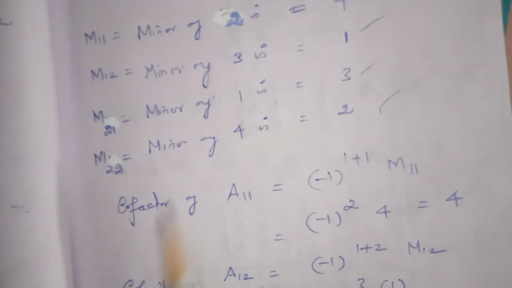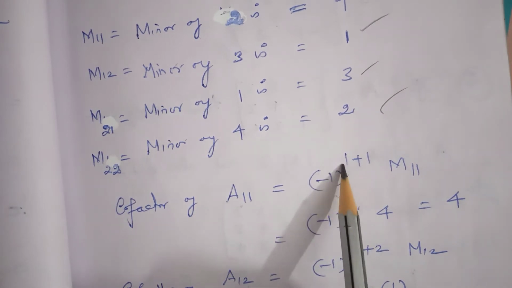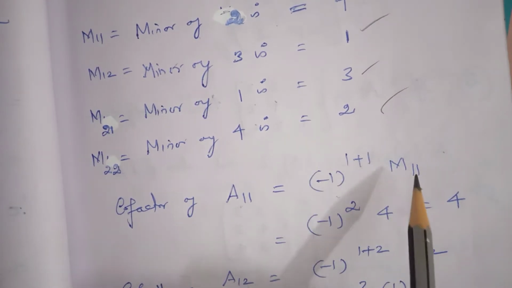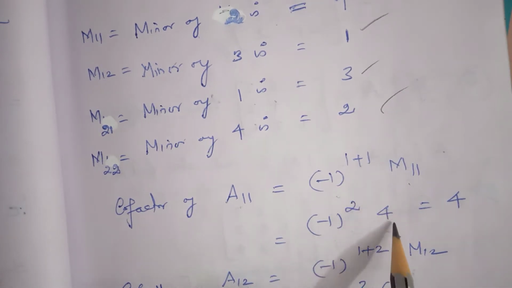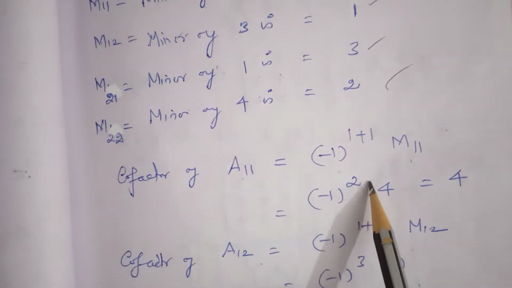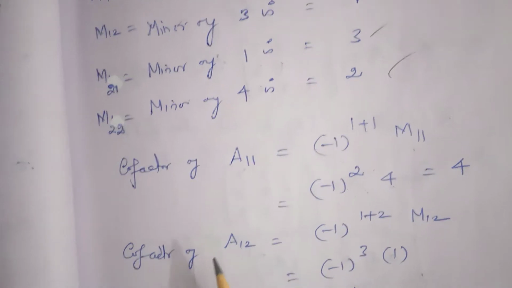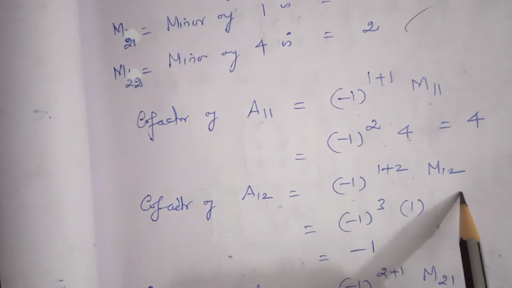Straight away applying the formula Aij. A11 equals minus 1 power i plus j, so 1 plus 1, M11. Minus 1 square into the M11 value 4. Minus 1 square is 1, and 1 into 4 is 4. Cofactor of A12 is minus 1 power 1 plus 2 into M12.